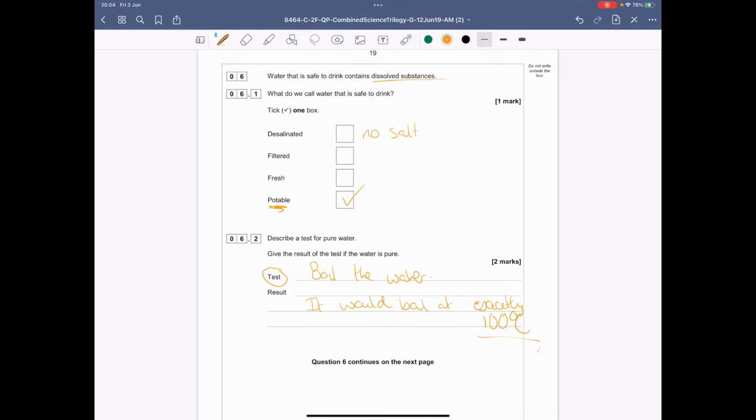If it was impure, it might mean that it would boil at a lower temperature and over a range. For example, 96 to 104 degrees Celsius. The other thing you could do is that instead of testing the boiling point, is testing the melting point. Or you could see if it freezes at 0 degrees exactly.